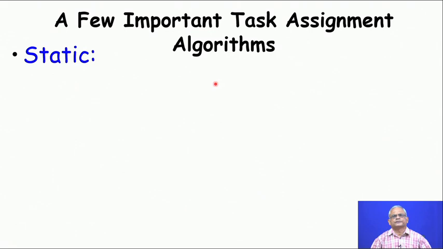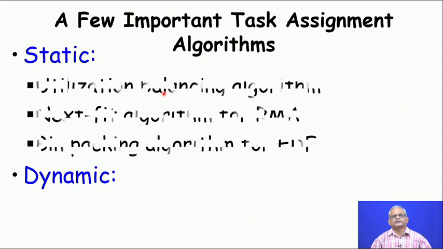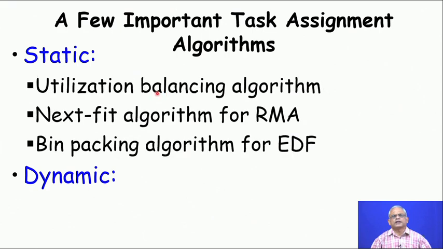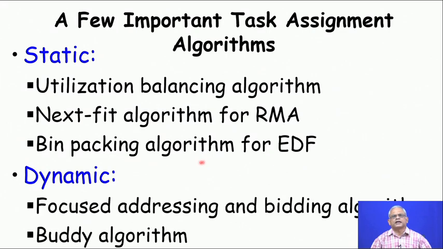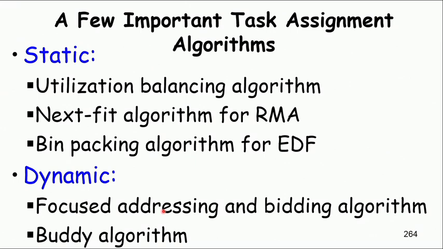Whereas, we also have dynamic algorithms where a task can migrate from one processor to another, and at different time instants it can execute on different processors. Naturally, the static ones are simple and more efficient, and a few examples are the utilization balancing algorithm, the next fit algorithm for RMA, and the bin packing algorithm for EDF. Whereas, for dynamic priority we have the focused addressing and bidding algorithm and the buddy algorithm.